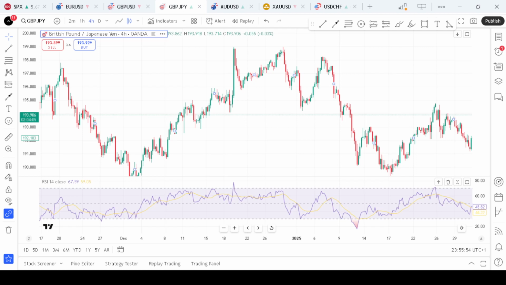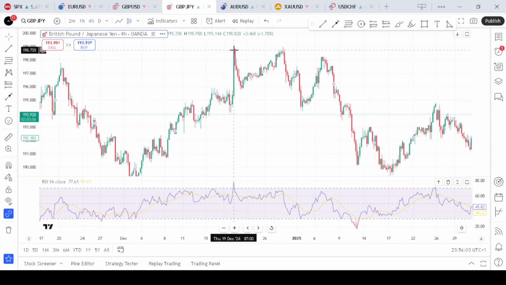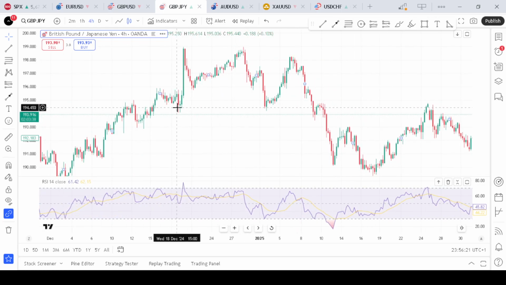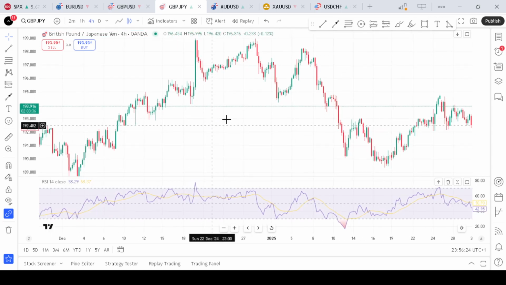So for the bearish signal, once the RSI peaks above 70, as you can see in this area, it typically signals an overbought condition, and then we are expecting price to drop, confirming this with a bearish candlestick pattern or a break below the support region. You can wait for price to break this support area for you to sell the trade. This is how we basically enter a sell and a buy trade.